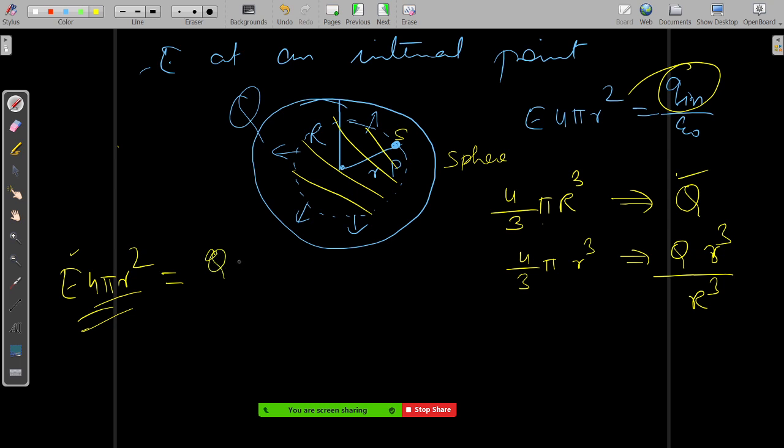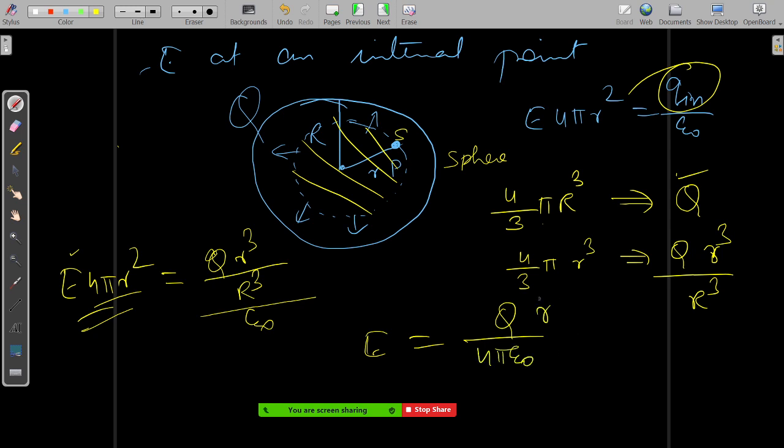Q internal we have just calculated, the charge inside the smaller sphere, that is Q r cube by R cube, divided by epsilon naught. This is your Gauss law. So the electric field will be Q by 4 pi epsilon naught R cube, times r. This r square gets cancelled with r cube and only one r is left.